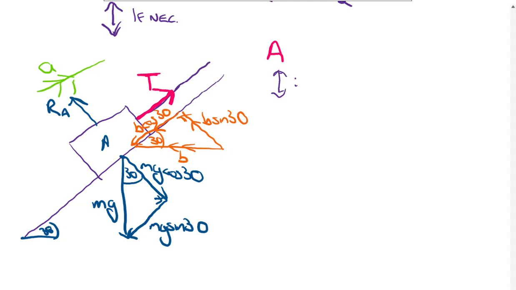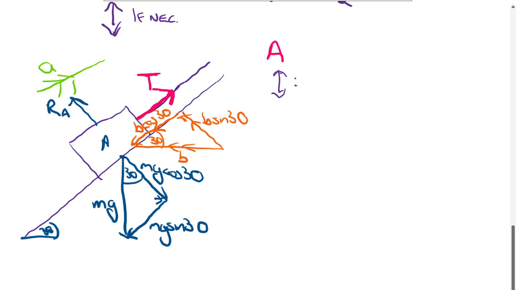So horizontally. So what is it doing horizontally? Normally, we put the into the plane equal to the out of the plane, because reaction's an equal and opposite reaction, because the thing isn't moving up and down perpendicular to the plane. But in this case, it is moving. We have a B sine 30. So the B sine 30 is the acceleration of that block perpendicular to the plane.